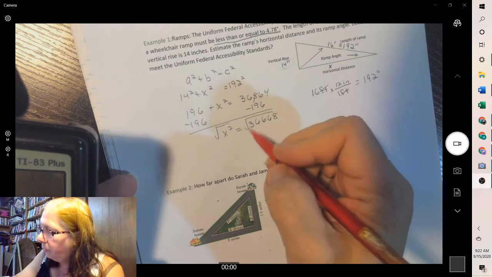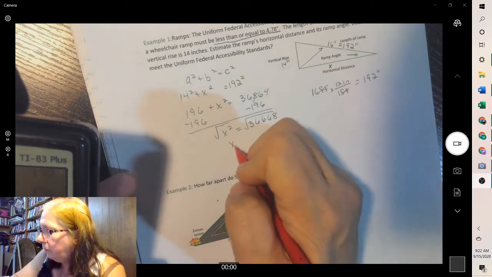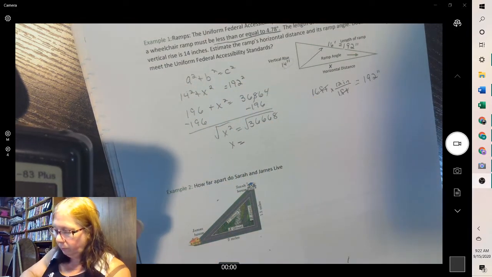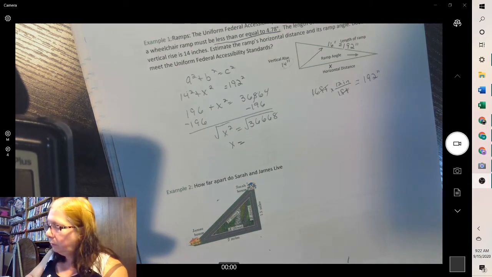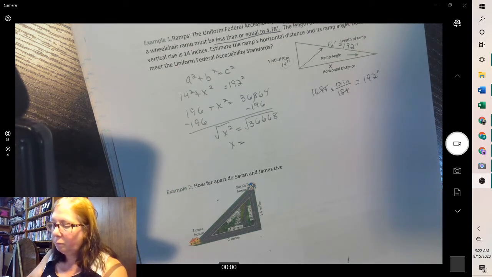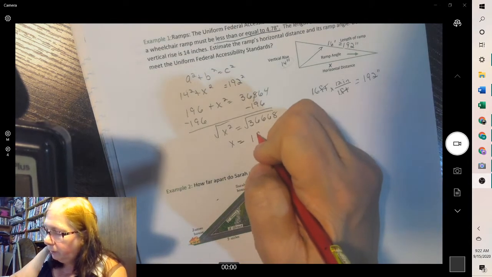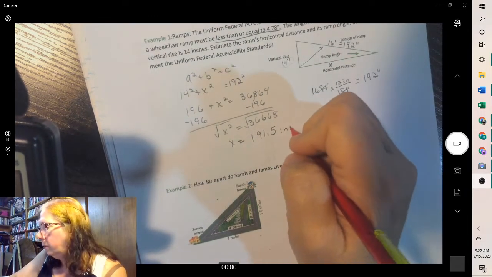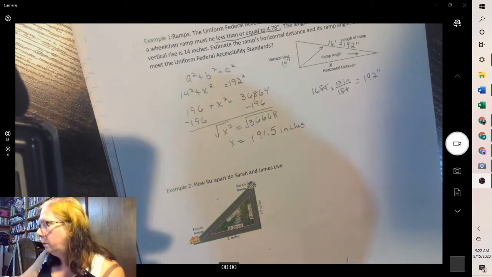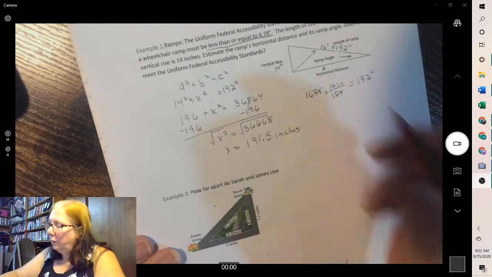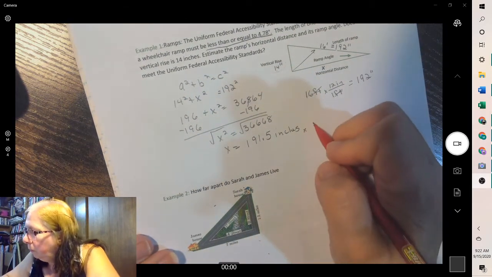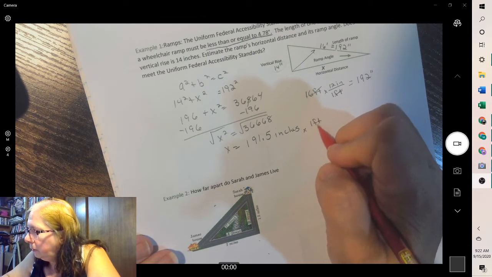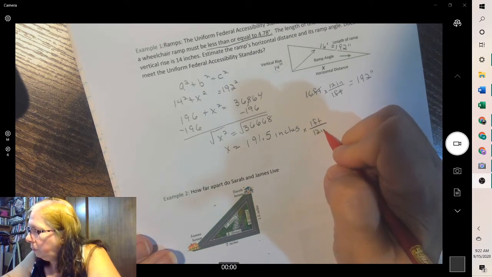Again, we don't need the plus and minus. It has to be positive. So x equals the square root of 36668, which is 191.5 inches. If they wanted feet, we know that 1 foot is 12 inches.